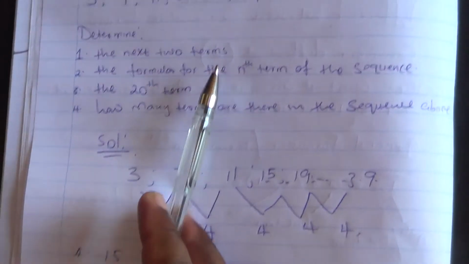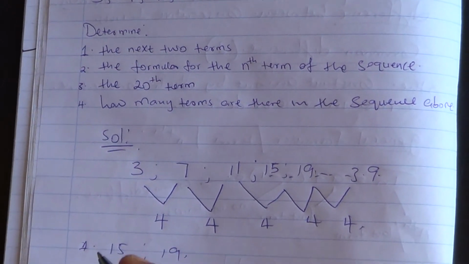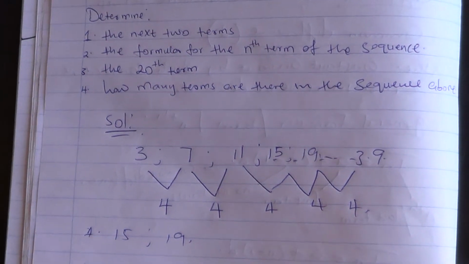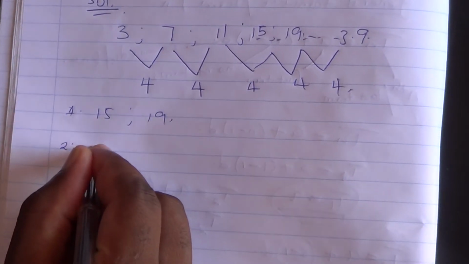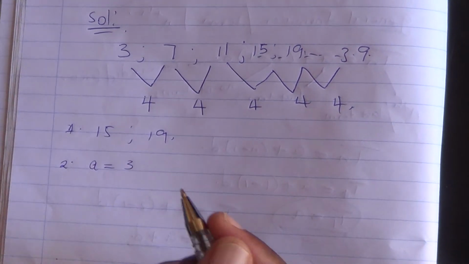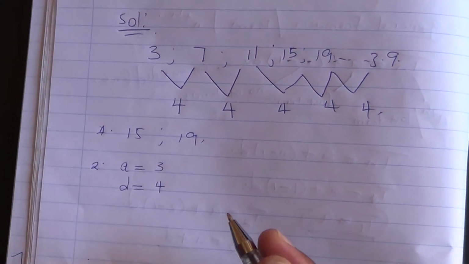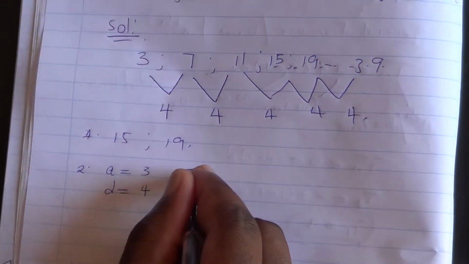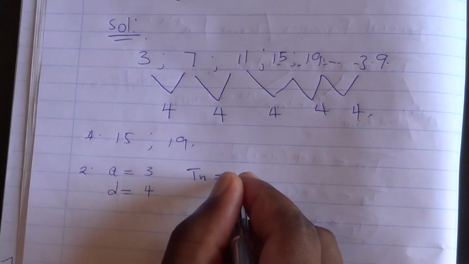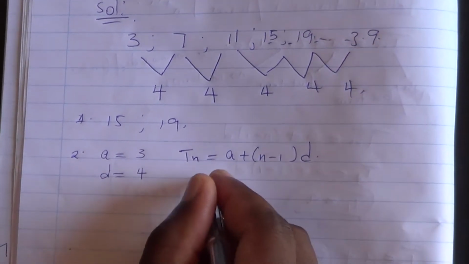Determine the formula for the nth term of the sequence. So what is the formula for the nth term? I have my a. Your a is 3. That's the first term. What is the difference? It's 4. So we're going to the formula. Tn is equal to a plus n minus 1 d.